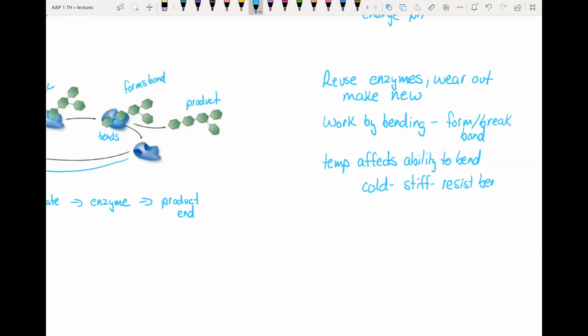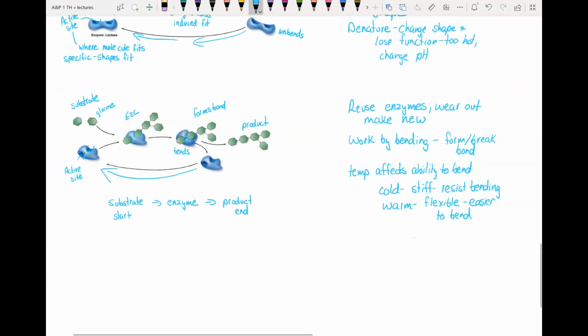It's hard to bend something that is cold and frozen. If you warm it up, that makes it more flexible, and it will be easier to bend. This information is going to help you with your lab. Remember this, the effects of temperature on the ability of an enzyme to bend.